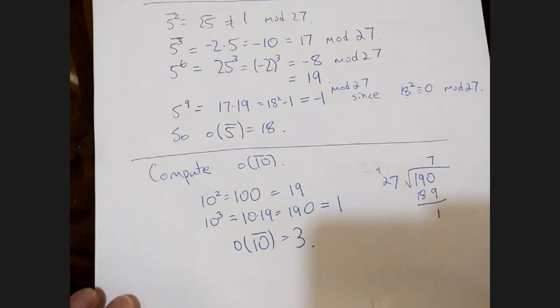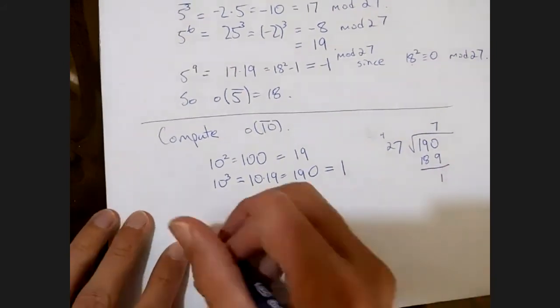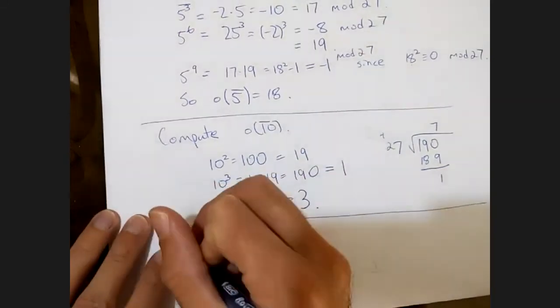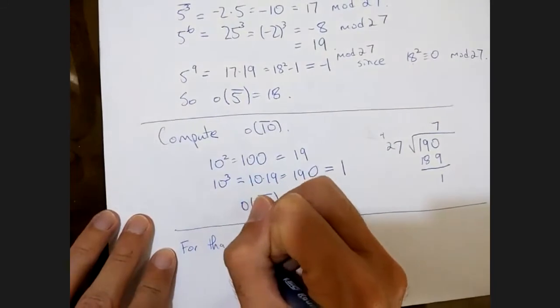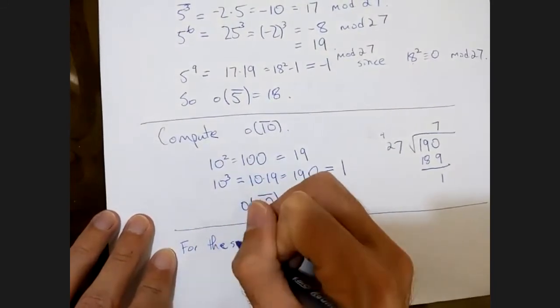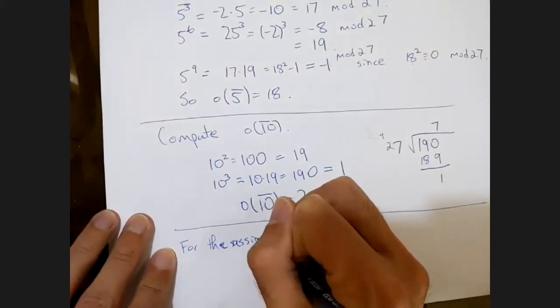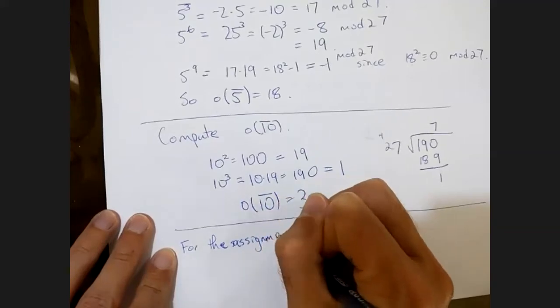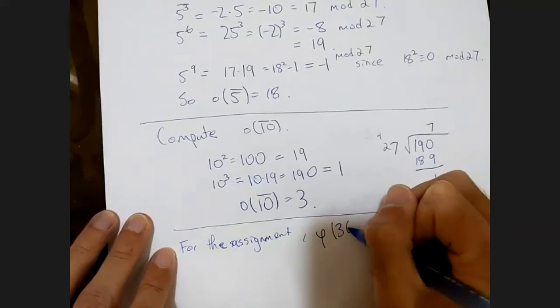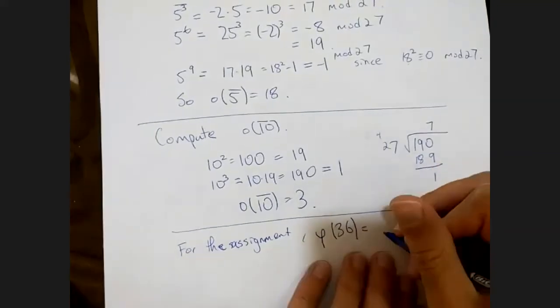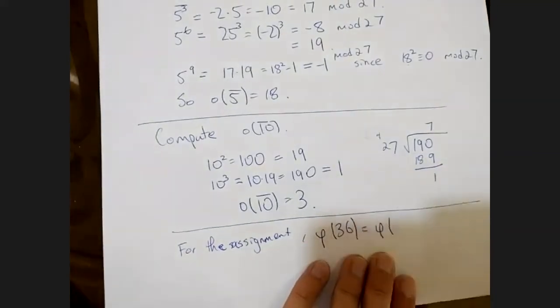Okay, now for the question on the assignment, we have to remember what phi of 36 is.